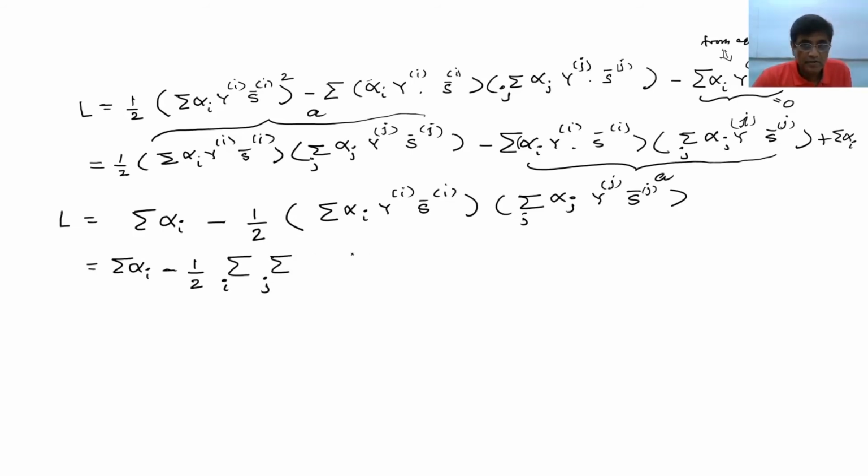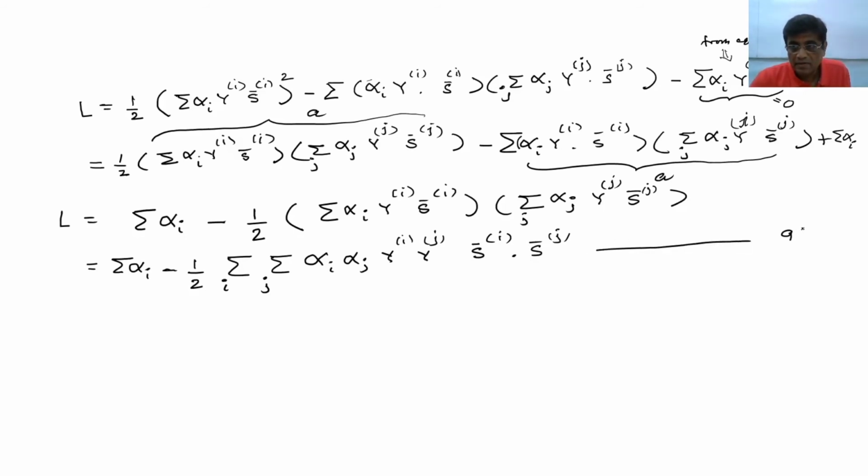Sum over I, j alpha sub I alpha sub j y suffix I y suffix j s I dot s j, and that's the wonderful expression which you need to note down.